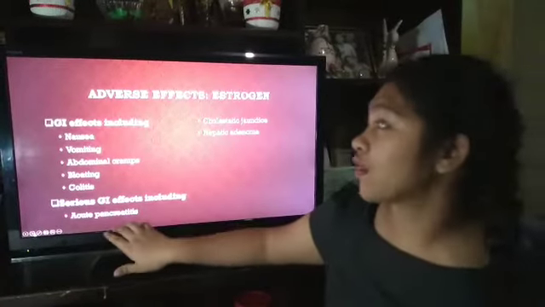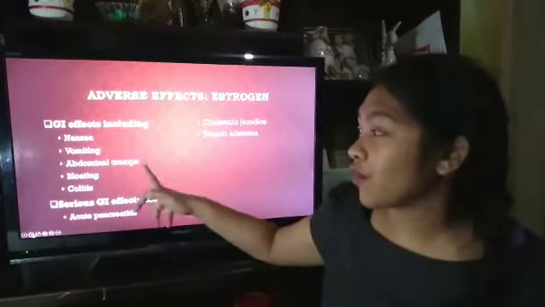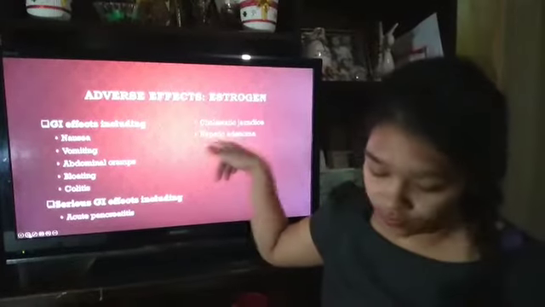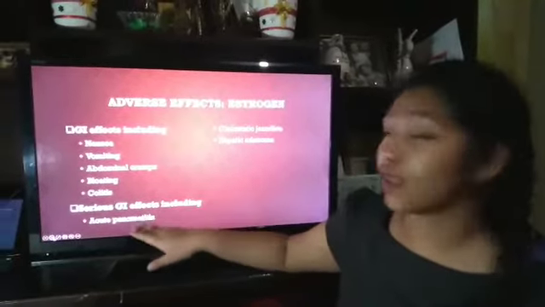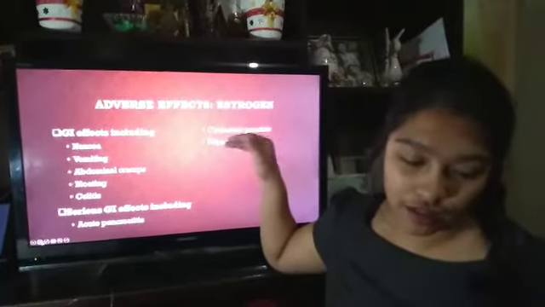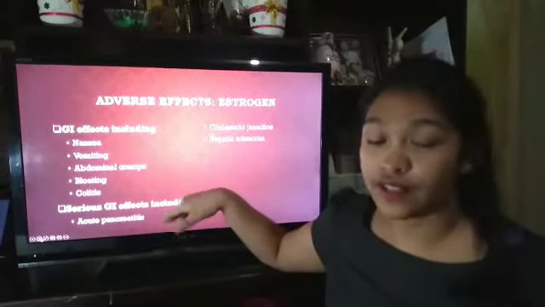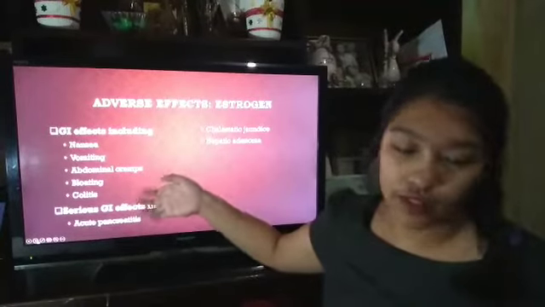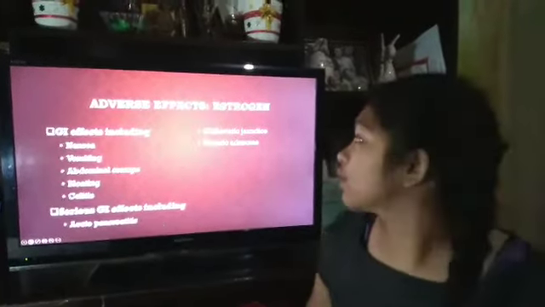These are the adverse effects of estrogen. The GI effects include nausea, vomiting, abdominal cramps, bloating, and colitis. Colitis is the inflammation of the inner lining of the colon. Serious GI effects include acute pancreatitis, cholestatic jaundice, which is when essentially normal liver cells are unable to transport bilirubin, and hepatic adenoma.